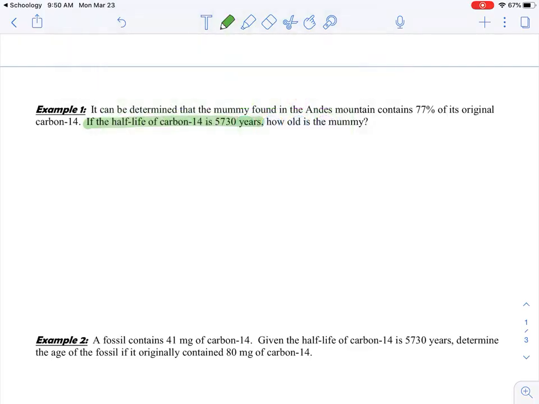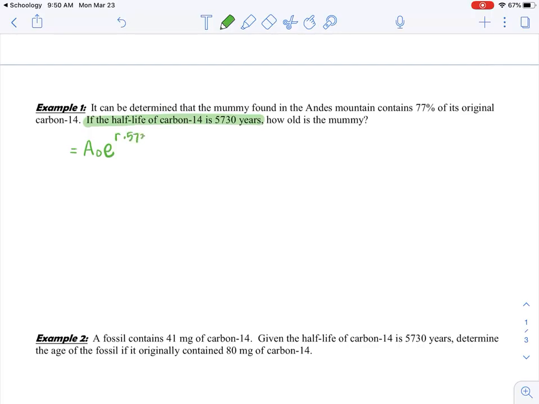So we're going to start by writing an equation and solving for the rate given the half-life is 5,730 years. So once again, we don't know the original amount, but we do know we're using the PERT model. So A naught times e to the, we don't know what the rate is, but we know that the time is 5,730 years.